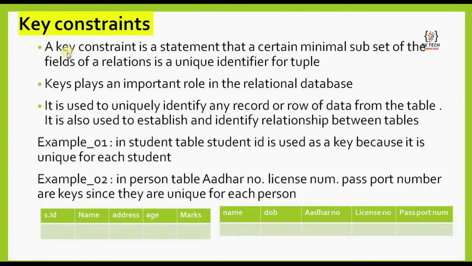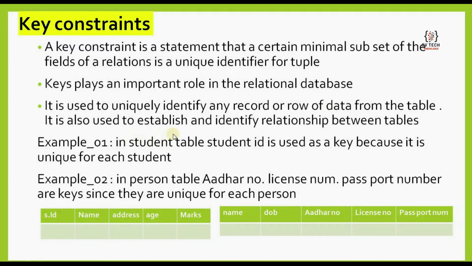Key constraints. A key constraint is a statement that a certain minimal subset of the fields of a relation is a unique identifier for a tuple. Keys play an important role in the relational database. They are used to uniquely identify any record or row of data from the table.